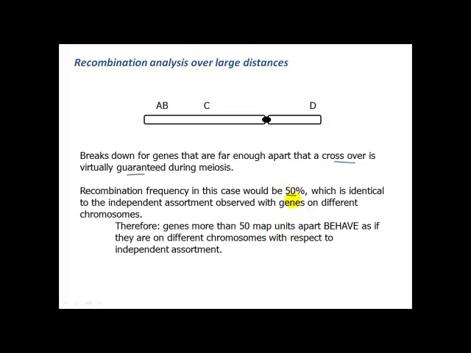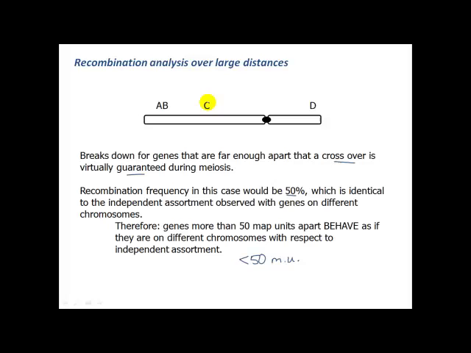So you can only map genetic distances that are less than 50 map units apart, right? Well, a lot of genes are separated by more than 50 map units. So how would you be able to map them relative to one another? Well, you might have to map them sequentially, right?